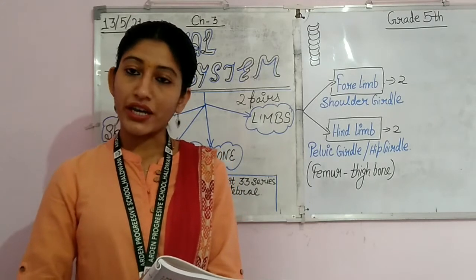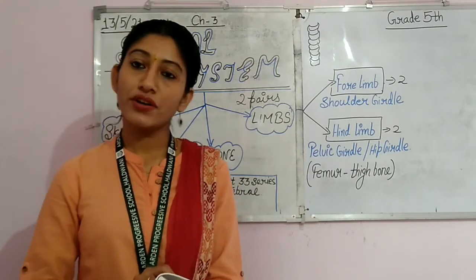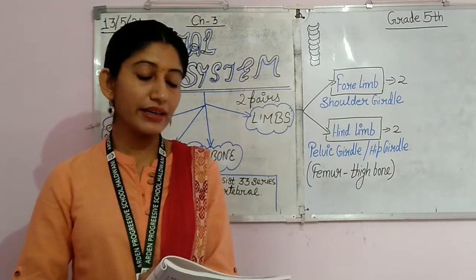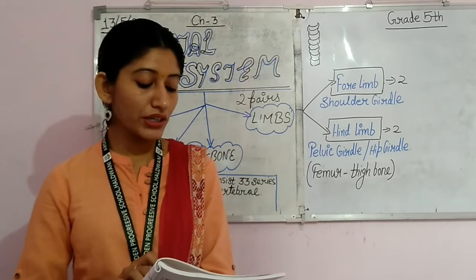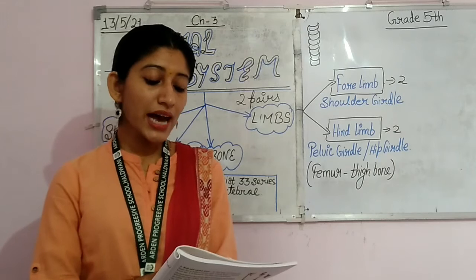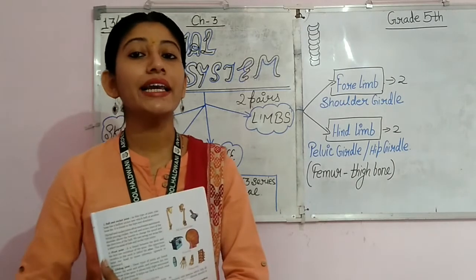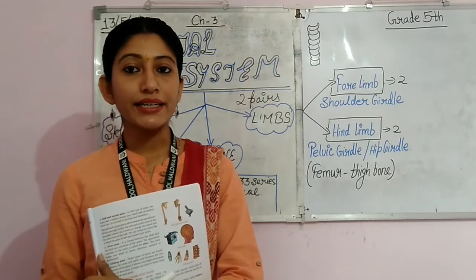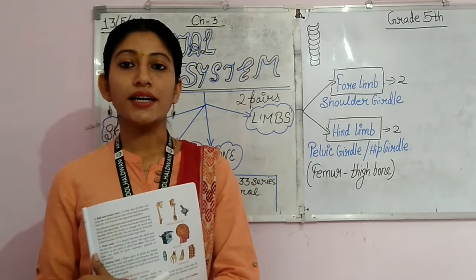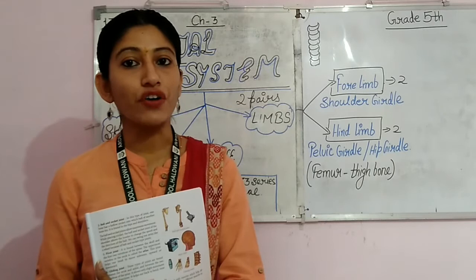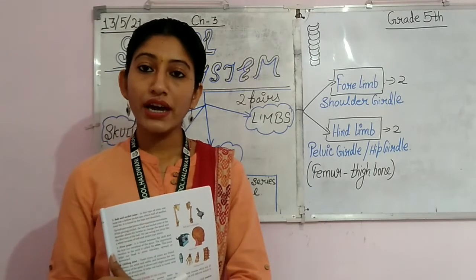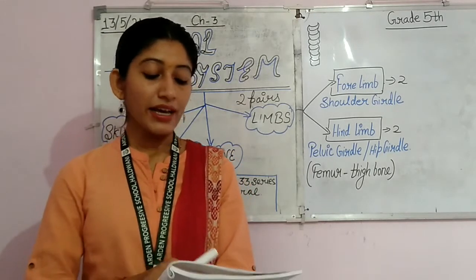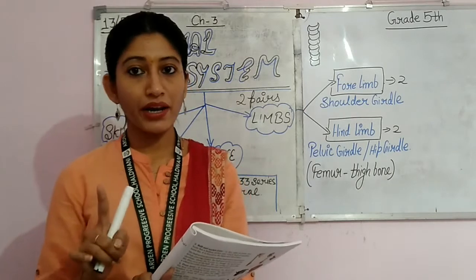It gives strength and support to the body, which we have also discussed. Then the skeleton protects the delicate organs of the body. Let's see what these are. The skull protects the brain, right?